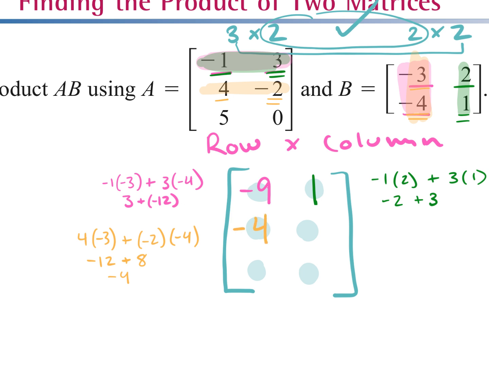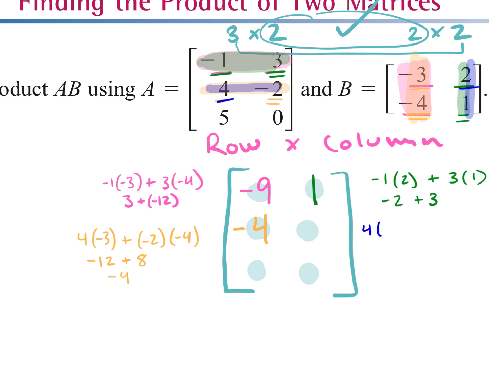Let's move on to the second row, second column now. So second row, second column. So we've got the first number times the first number.